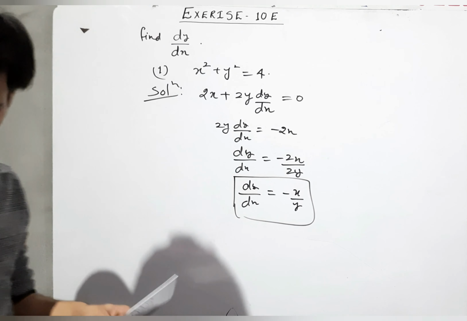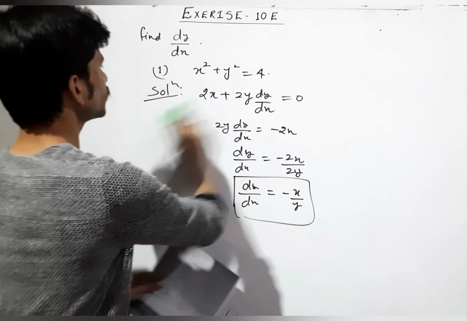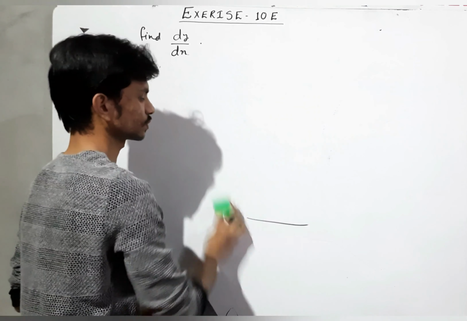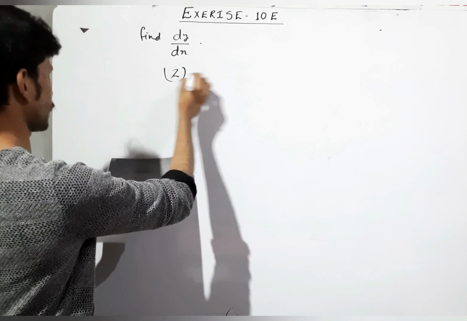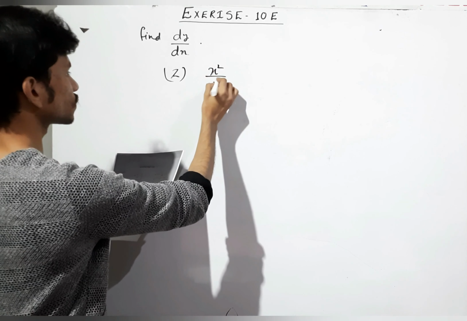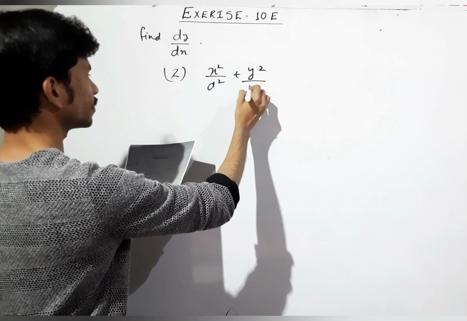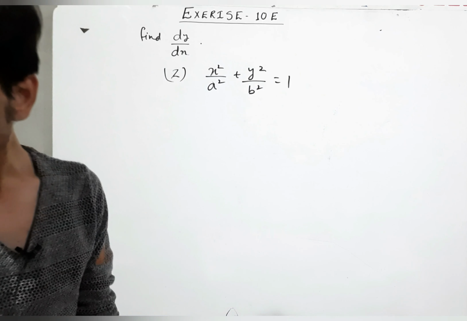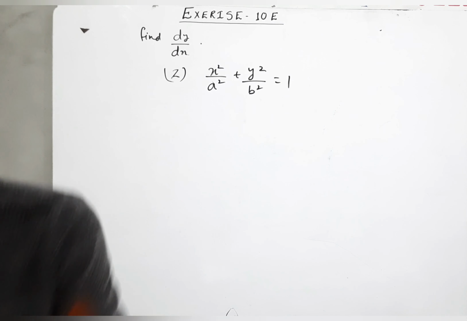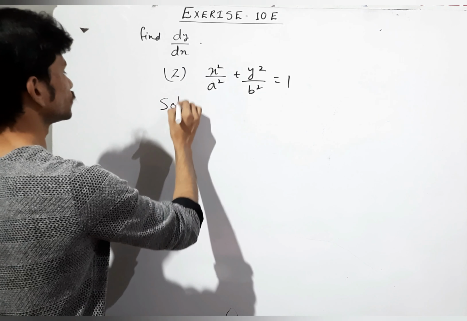Now let's look at question number 2. Question number 2 says x square over a square plus y square over b square equals 1. As you know, this is the equation of an ellipse. So in the same way, let's begin with this question.